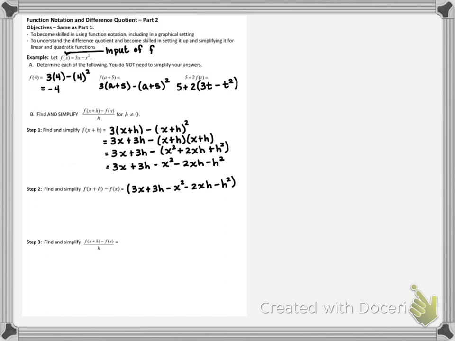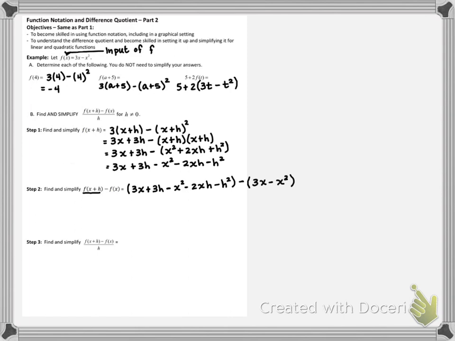So that's my f of x plus h. What is f of x? 3x minus x squared. Yep, and again, we need those parentheses. So for that f of x part, you're literally copying the original function rule.